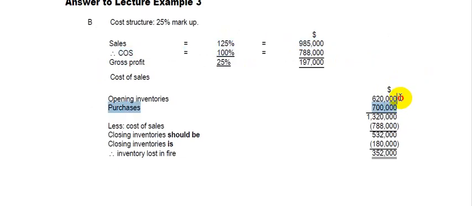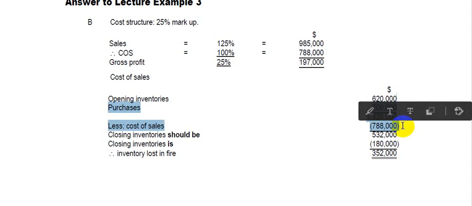So 620 plus 700 gives us 1320, minus the cost of sales that we've computed, to give us what should have been the closing inventory of 532,000.